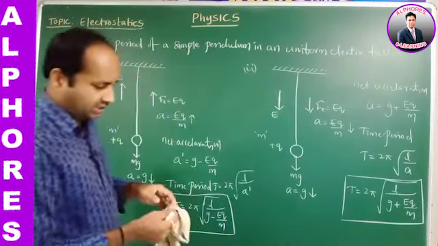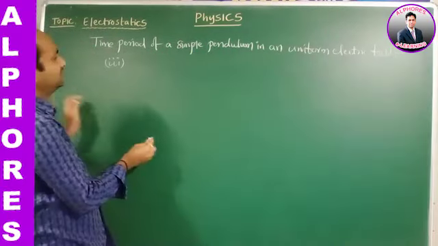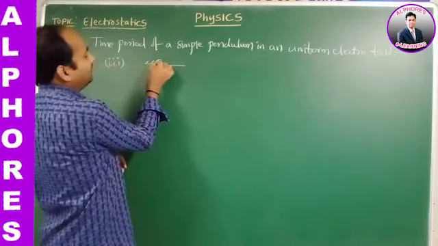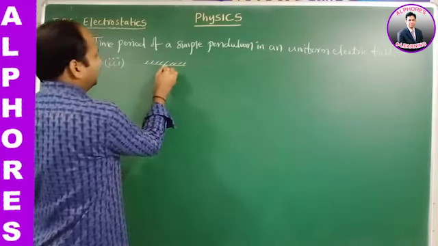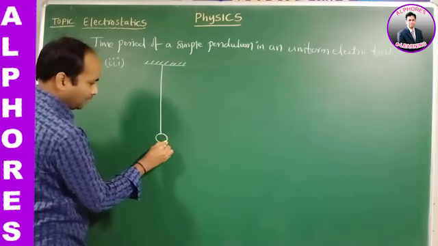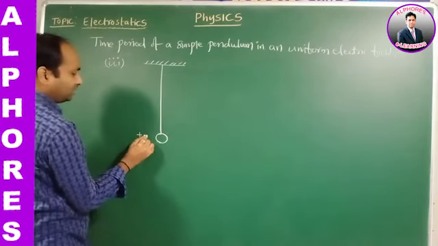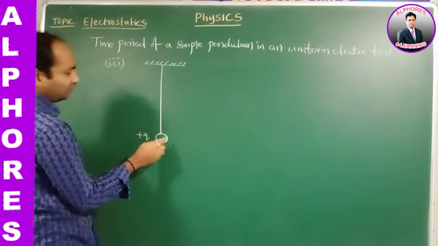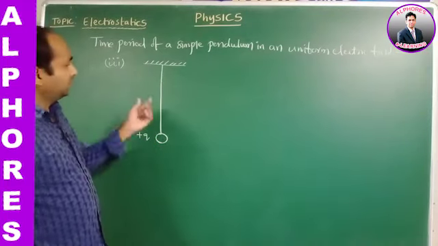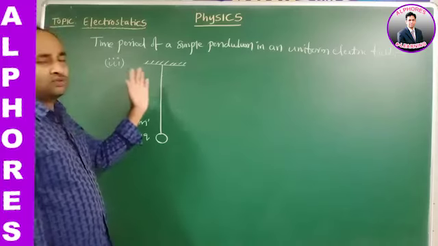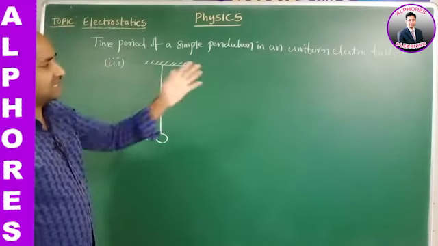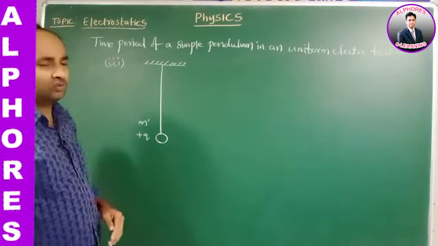In the third case, again this is a simple pendulum of length L. Again a positive charge is given. The mass of the sphere is m. In the first two cases the electric field was upwards in the first case and downwards in the second.